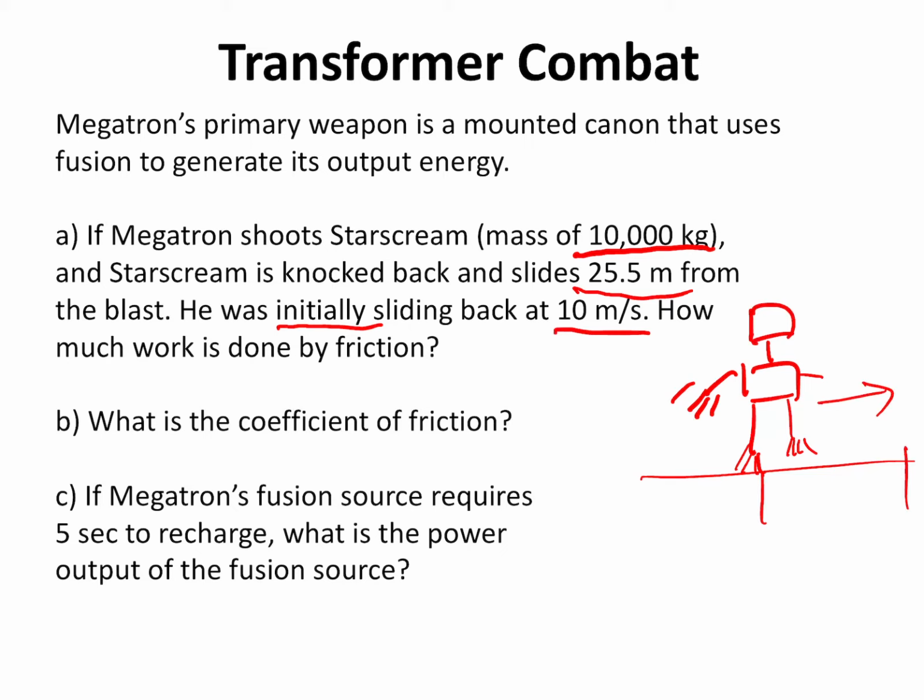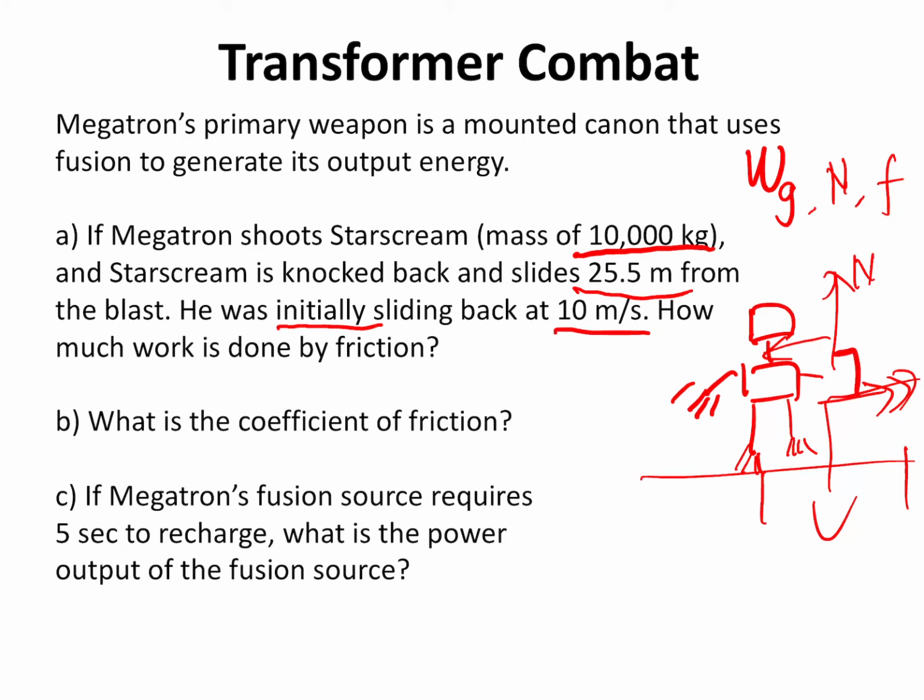Okay, we also need to do a free body diagram. What would be the forces acting on Starscream when he is sliding back? You have gravity, and you have normal force, then you have friction. That's normal force, there's gravity, that's displacement, that's friction.